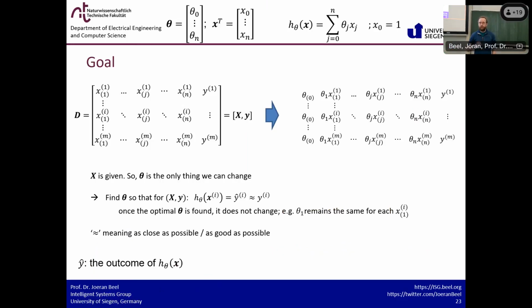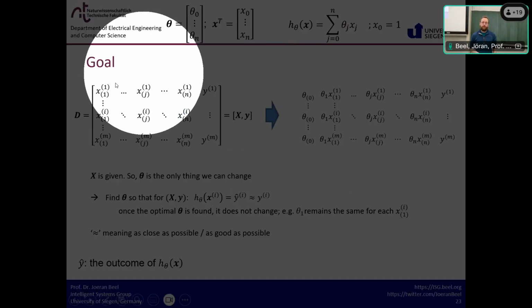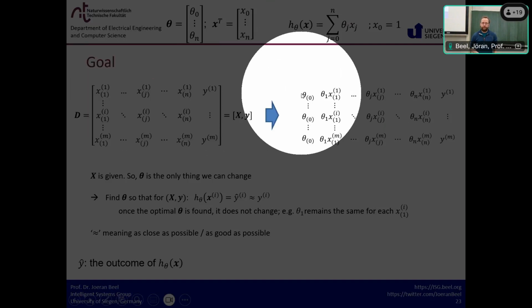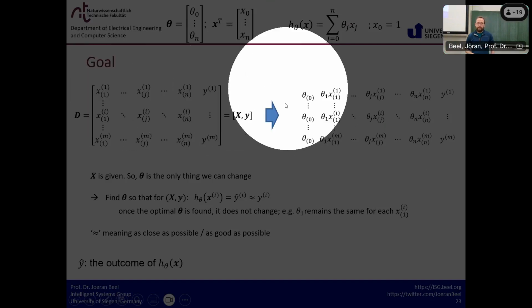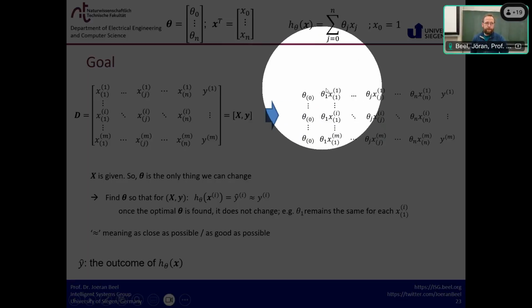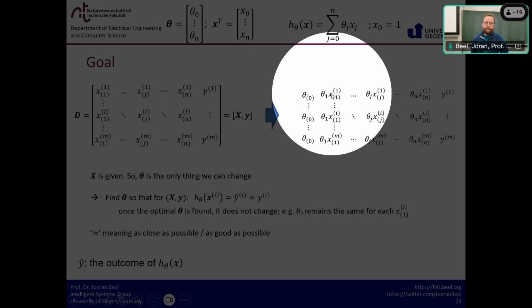So our original data set D now becomes something like this. This is all given in the data set, x11. Our goal is now to find theta.